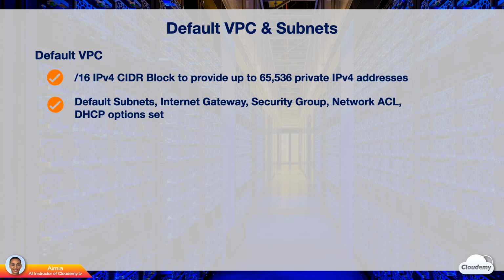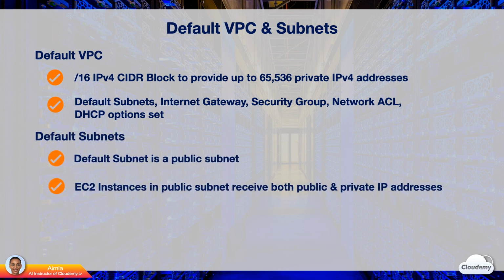The default size /20 subnet can provide up to 4,096 addresses. The Internet Gateway connects to your default VPC, so your resources inside the VPC can reach the Internet. The default security group and network ACL act as firewalls. Default DHCP option set specifies Amazon-provided domain name server for AWS assigned DNS.